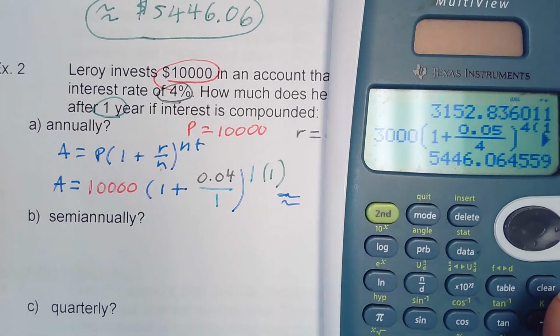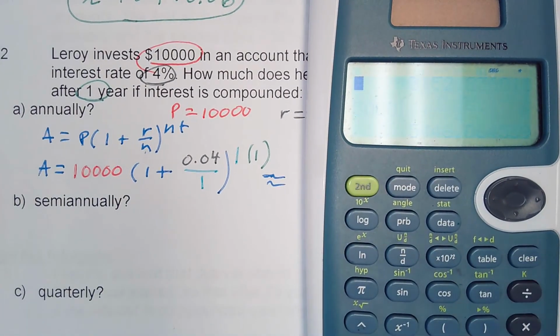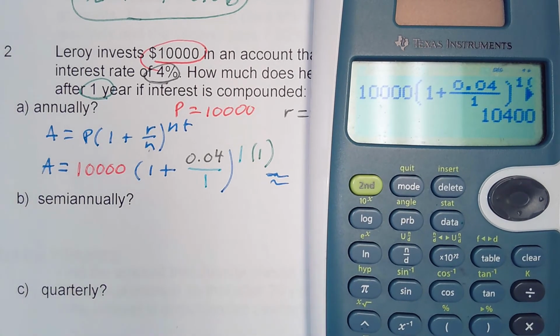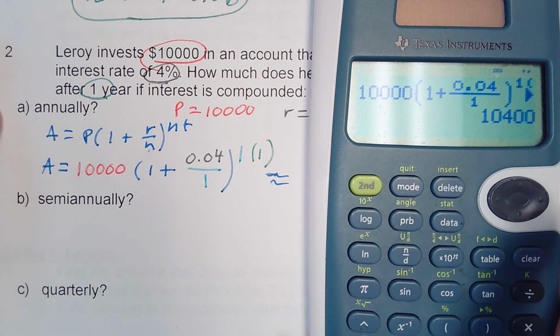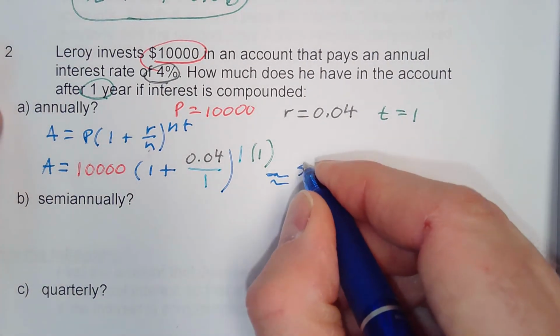So now I'm going to type in the calculator. Let's clear all this stuff out. That gives us $10,400, excuse me, so 10,400.